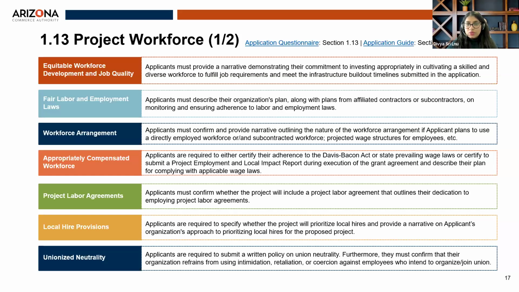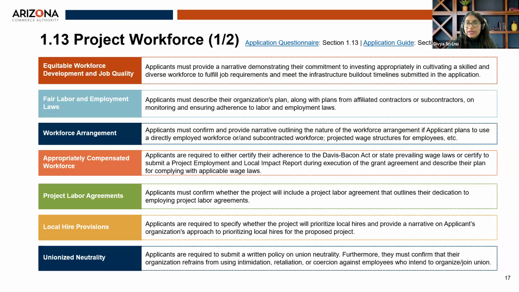The next one is the workforce arrangement, where the applicants must confirm if they plan to use a directly contracted workforce, directly employed workforce, or a subcontracted workforce, or a combination of both. Based on that option selected, they'll have to provide a narrative on the different wage structures that the organization is proposing to employ.